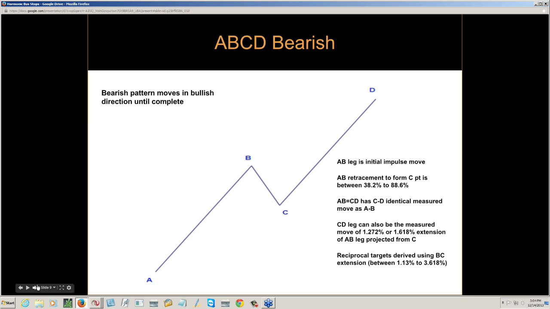This is what an ABCD bearish pattern looks like. It's called bearish, but it's not bearish until it completes. So it's going to have a bullish move. The A to B leg is an impulsive move to the upside. A retracement forms the BC leg, and then the final leg is the CD leg.